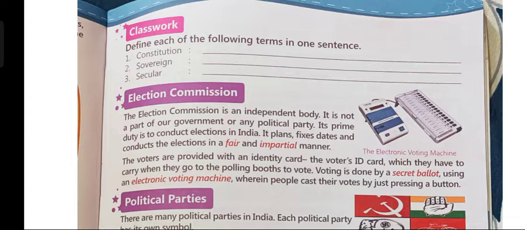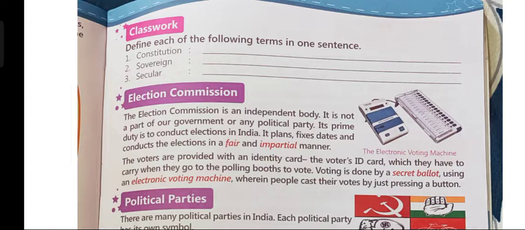Now, the voters are provided with an identity card. The voter's ID card, which they have to carry when they go to the polling booths to vote. Voting is done by a secret ballot using an electronic voting machine wherein people cast their votes by just pressing a button.